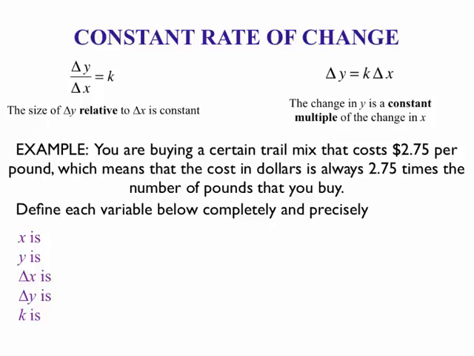So define each variable. This is what students who succeed can do well. They can take a situation, attend to the quantities, and define variables well. So we're going to practice. In this situation, what is x? What is y? What is delta x? What is delta y? And what is k? You can talk amongst yourselves. Work them out.